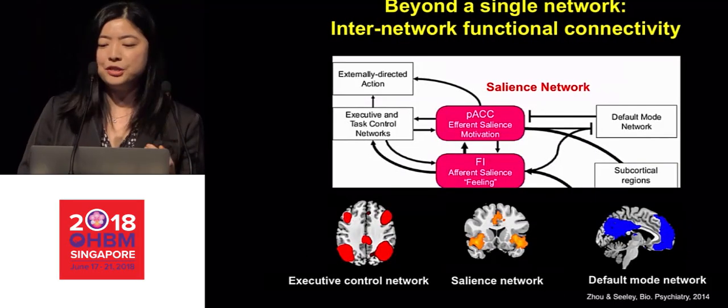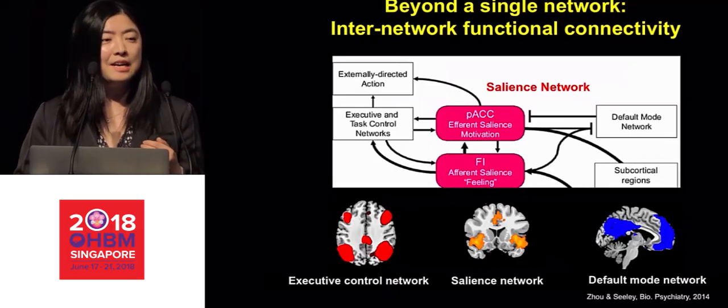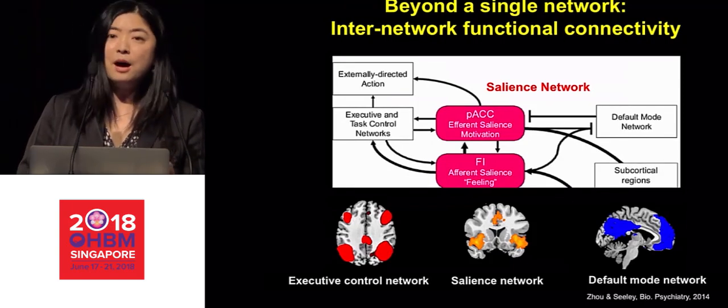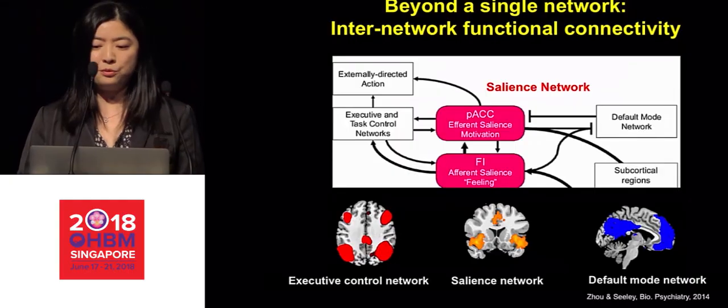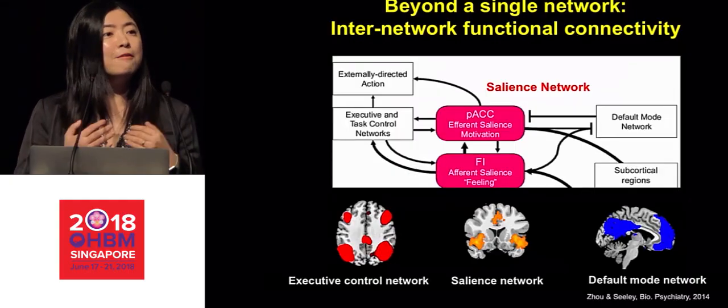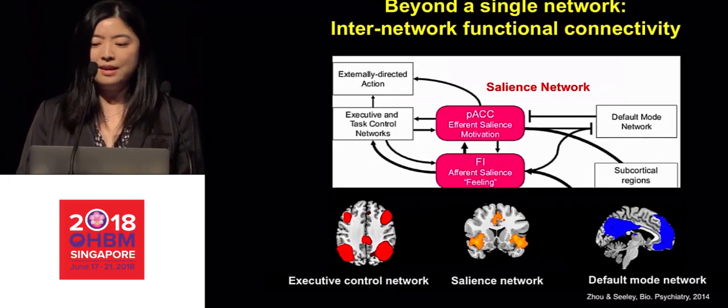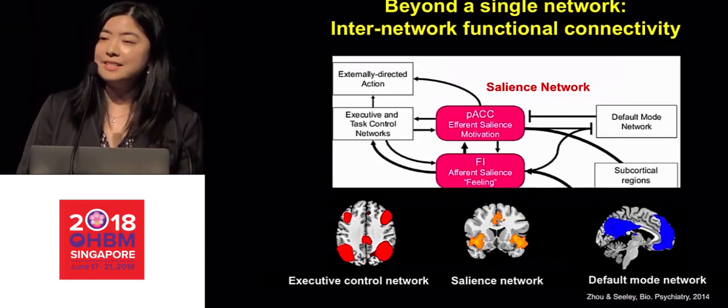Given the multidimensional nature of the neurological symptoms and the complexity of brain networks, it is important to characterize multiple large-scale brain networks and the inter-network functional connectivity. The human brain, as you know, is highly modular and distinct.